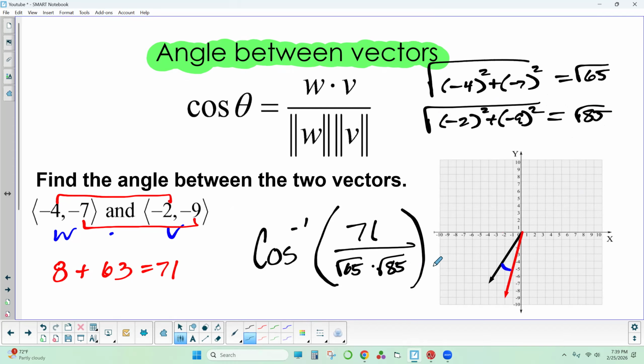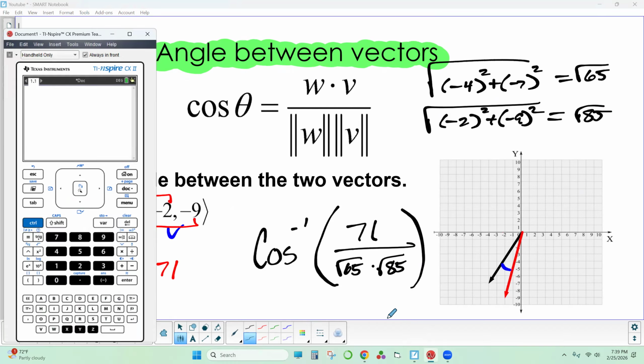Now we can put this into our calculator. I'm using a TI Inspire, and I want this in degrees, so I'm going to make sure I'm in degrees, and I'm going to hit inverse cosine, and I'm going to divide 71, which is my dot product of the two, and divide that by the magnitude square root of 65 times the magnitude square root of 85.